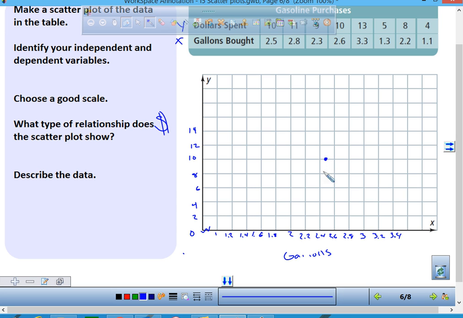Go to where they meet, put that point there. 2.8 on the x, 11 on the y. 2.3 on the x and 9 on the y. 2.6 on x, 10 on y. 3.3 on x, 13 for y. 1.3 on x and 5 on y. 2.2 on x, 8 on the y, and 1.1 and 4.